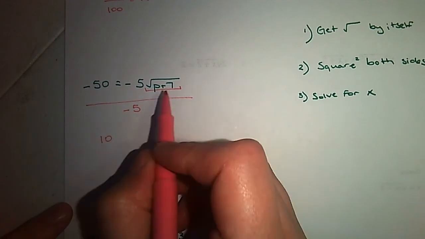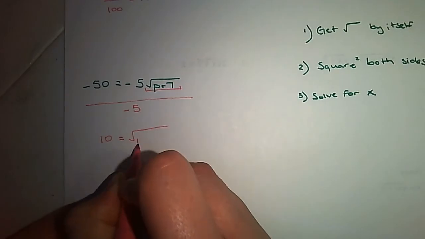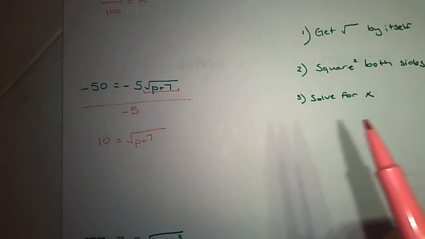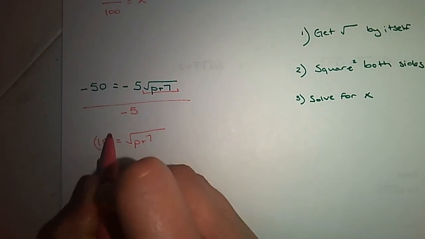And over here, all I'm going to be left with is that square root. All right, so now step 1 is done. We have the square root by itself.